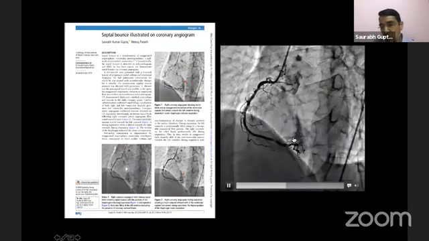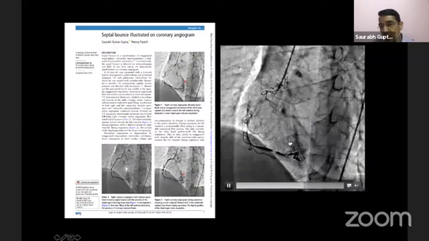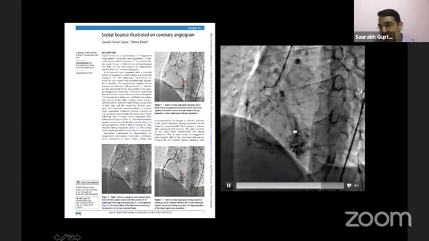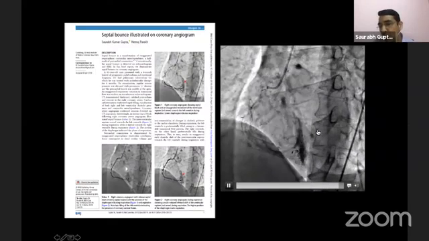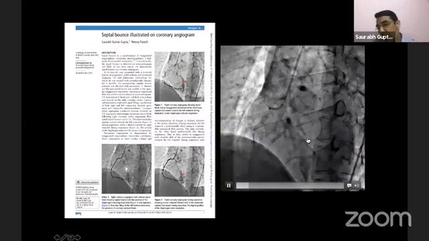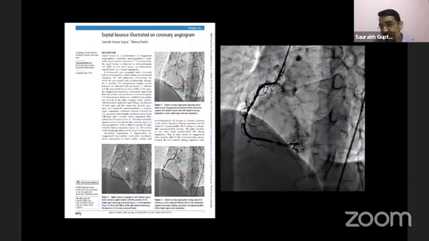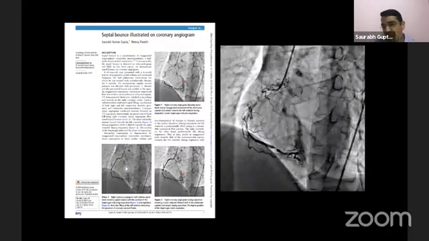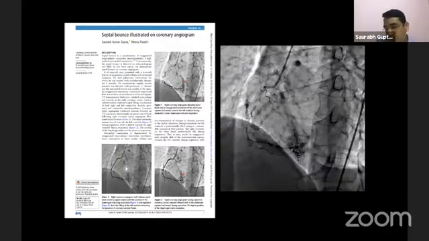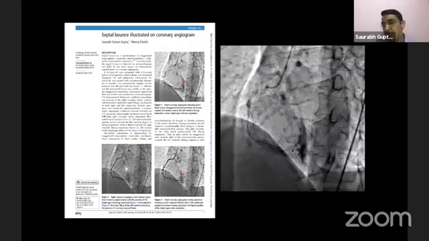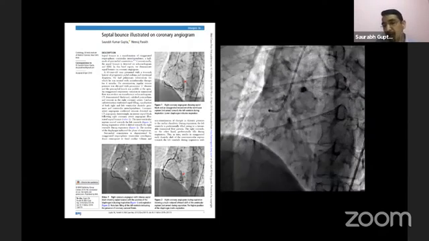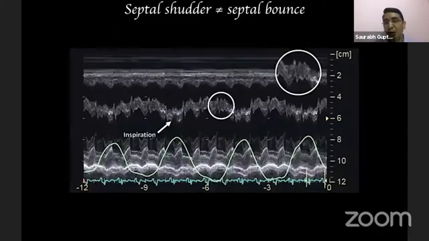As you can see over here, when the patient takes a deep breath, the septum bulges towards the left side, while when it is expiration, the septum bulges towards the right side. So there can be different ways you can find septal bounce, but it all is reflective of exaggerated ventricular interdependence.